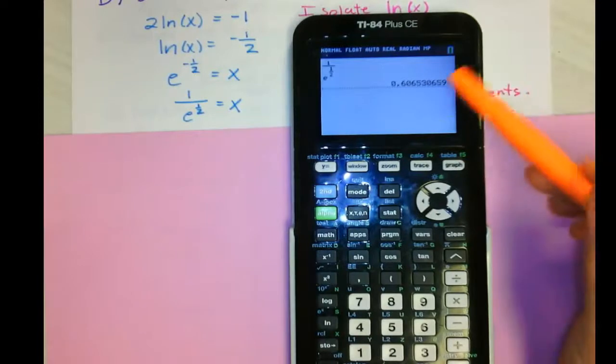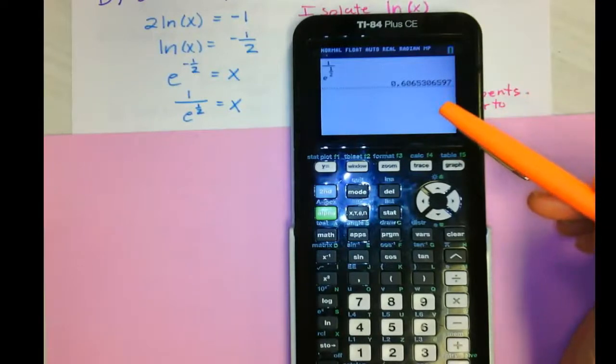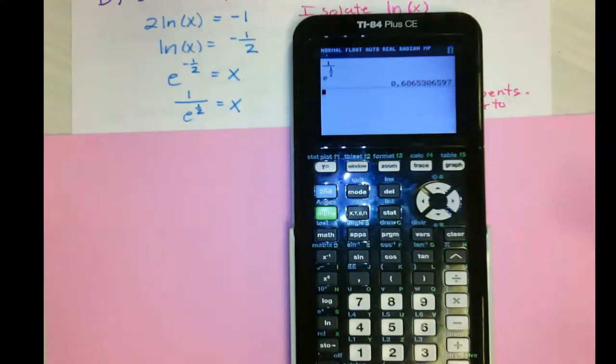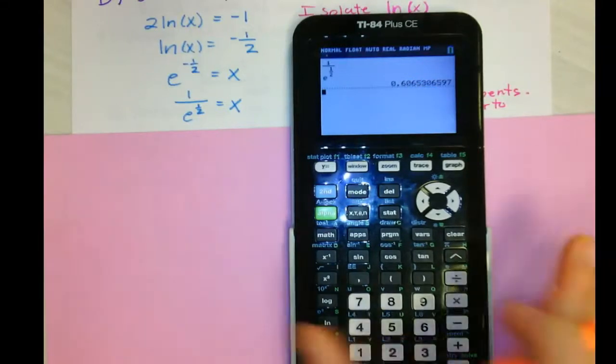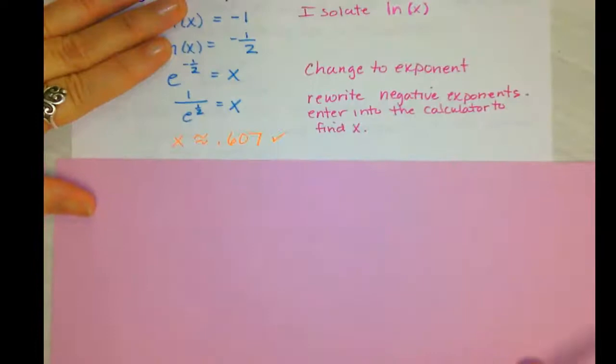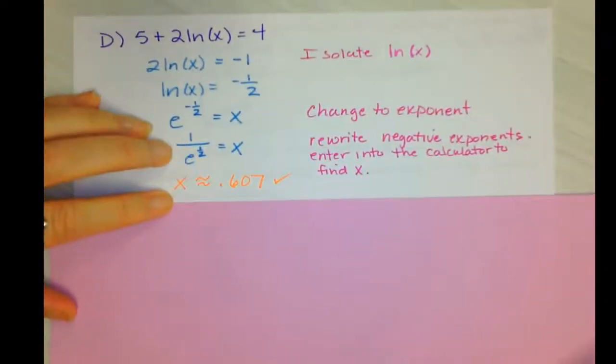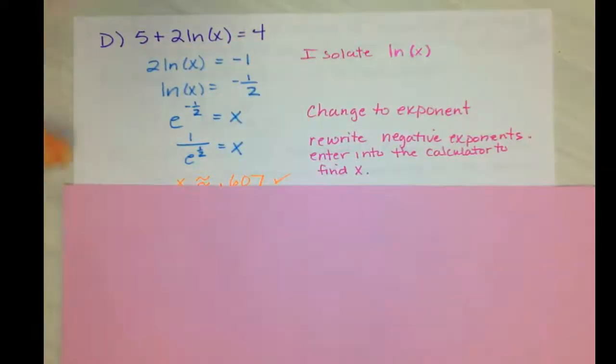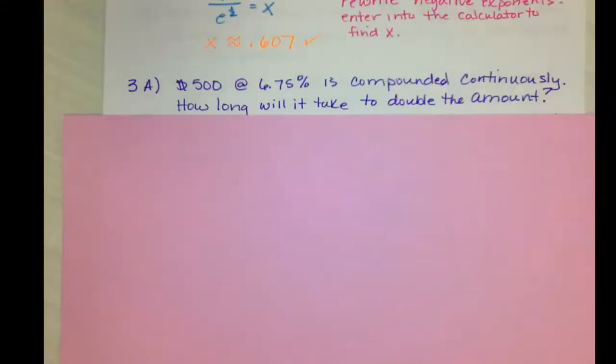This is what I got when I entered it in the calculator. There is a 5 after the 6, so rounding to 3 decimal places, that's approximately 0.607. Remember, you're using your approximations, and since it was a calculator problem, I just plugged it back in here to make sure this side equaled 4, and it did. All right, and working on our last problem, number 3.